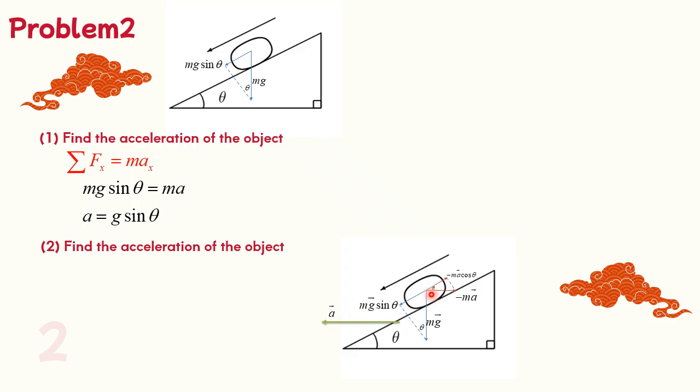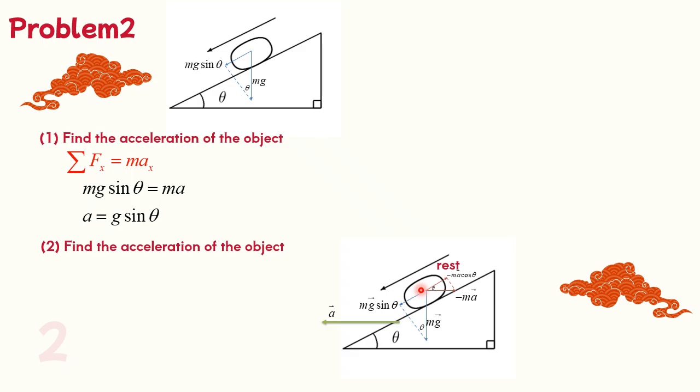So this object experiences the opposite force, minus ma, and this theta is the same, so this is the adjacent side. The adjacent side, with hypotenuse ma, is minus ma cosine theta.